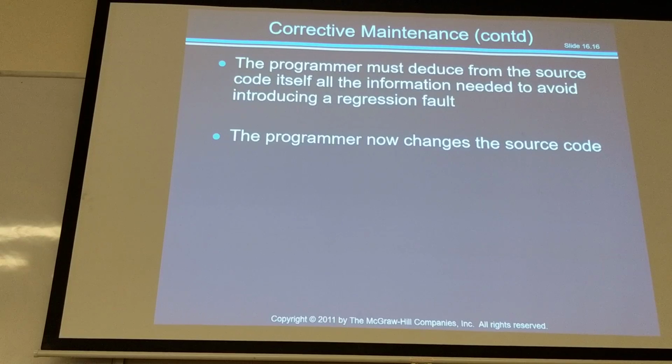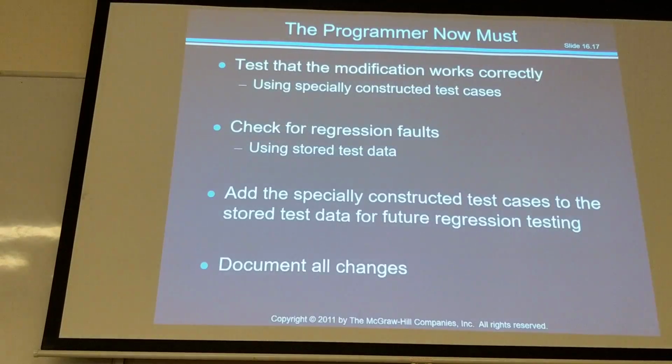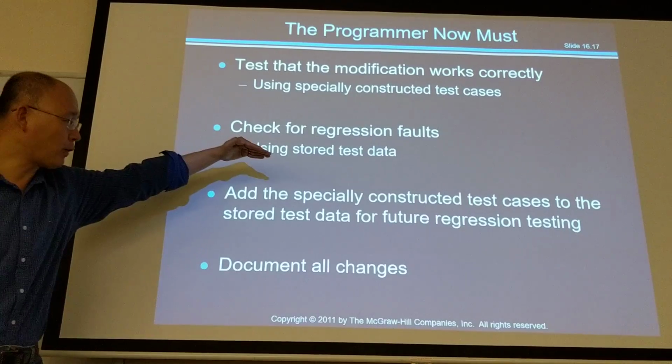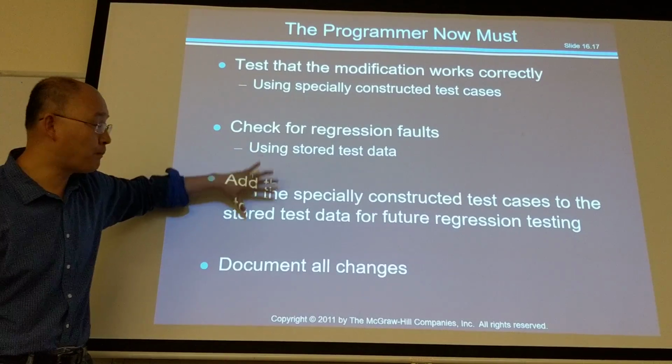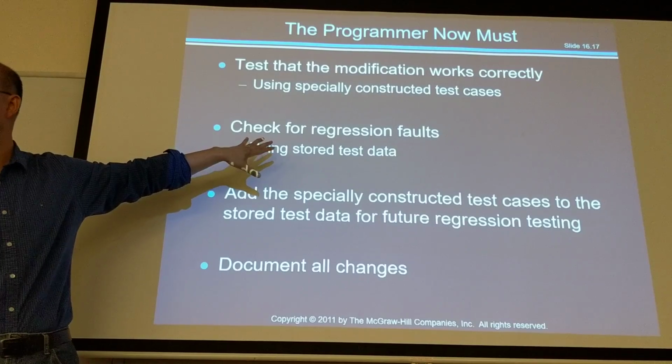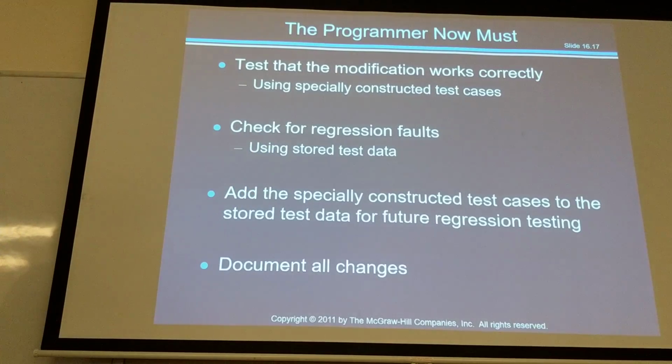You can change your code. Then you can test the modification, run your regression, add the test case back into the regression. Okay, if you add a new fix, either you have to add a new test case, or you have to change your old test case.